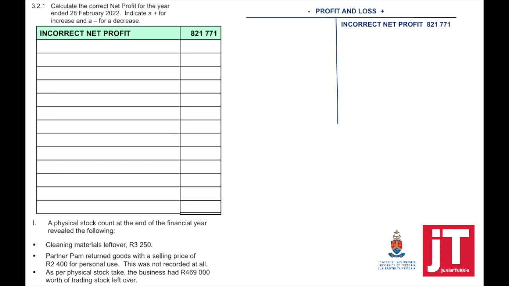But focusing on this question now, whatever is left over is subtracted from our expense account, which means that if our expense decreases, if it's credited, it will have a positive effect on the incorrect net profit which was calculated.